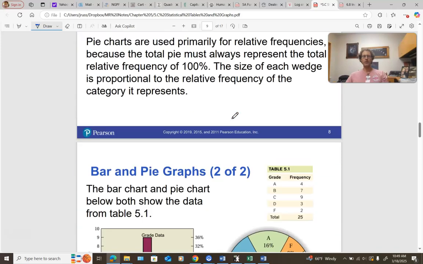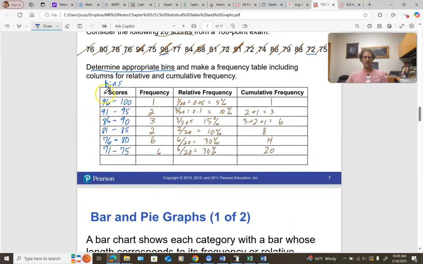Typically what you would do, let's say we were using this data right here. When I go to make my bars for a histogram, I might start down here and label my horizontal axis. I would start at maybe 70 or 71 and go to 75. So it could be 71, 72, 73, 74, etc., all the way up to 100.